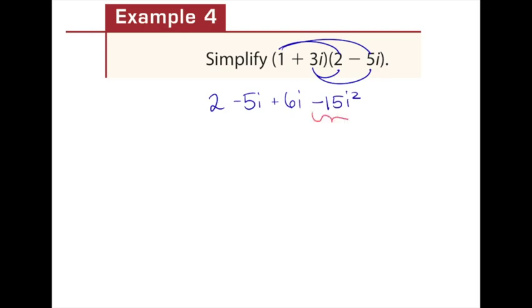Here's the thing. This is negative 15 times negative 1, so this is a positive 15. So now I can combine 2 and positive 15, negative 5i and positive 6i. So we are just mixing and matching like terms, whether it's like radicals or like imaginary numbers.